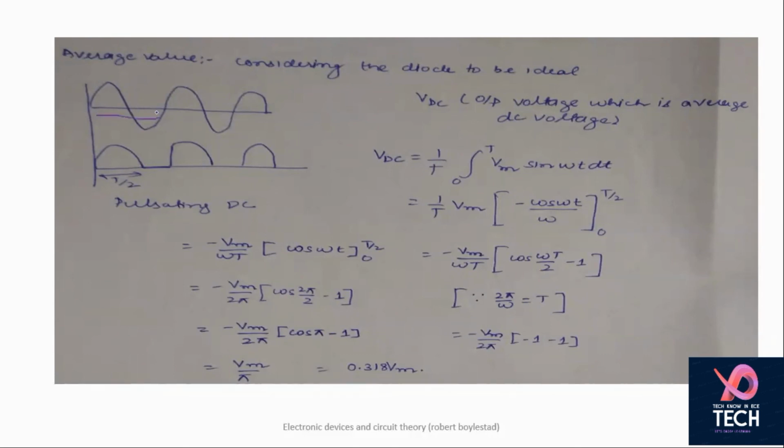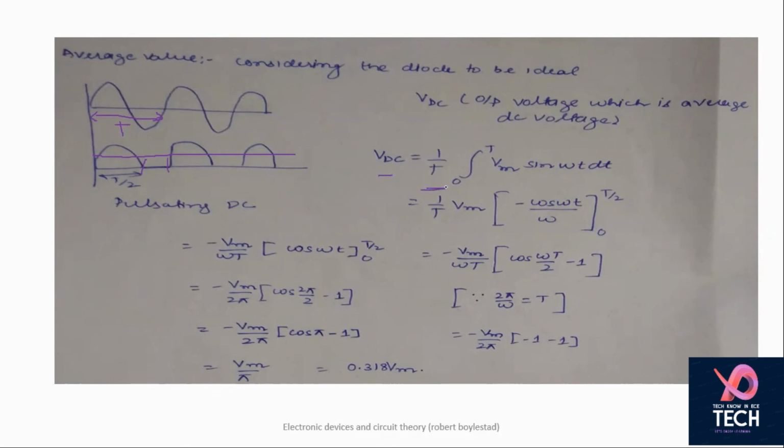Let's assume that your input is the entire cycle duration, for time T, and half of that is T by 2. So we are interested in finding out the average value for this.